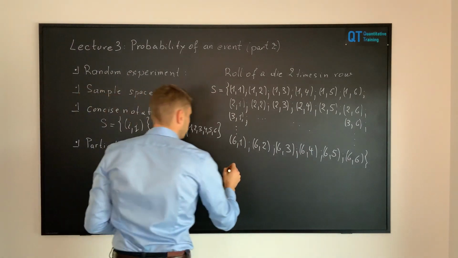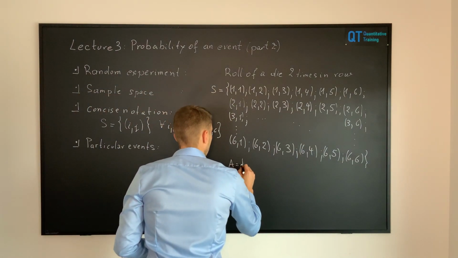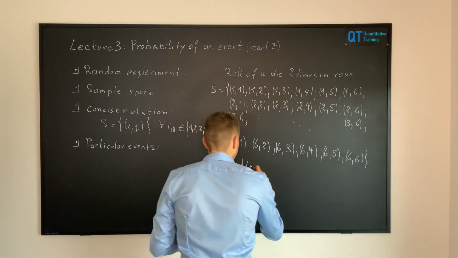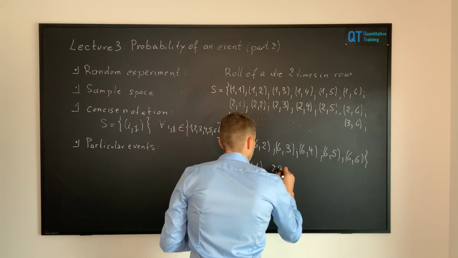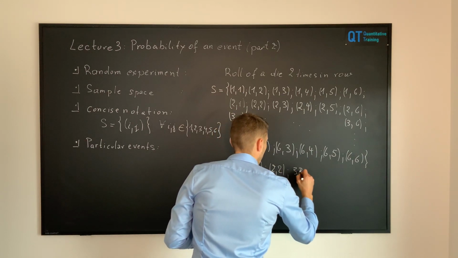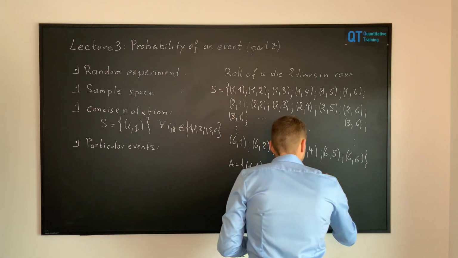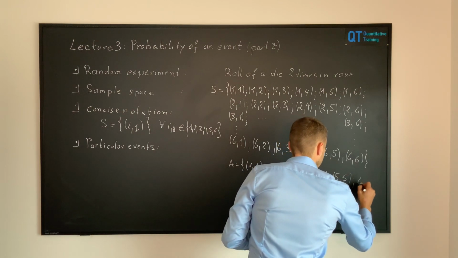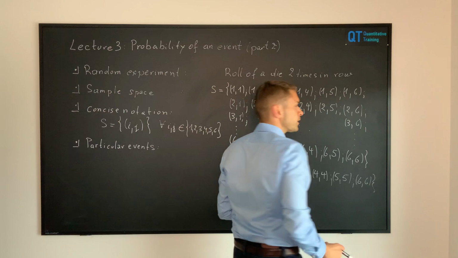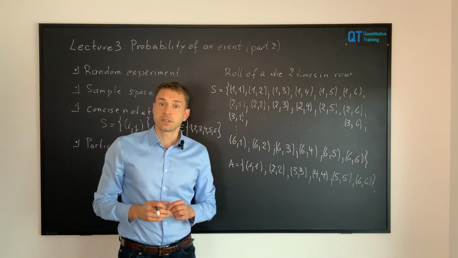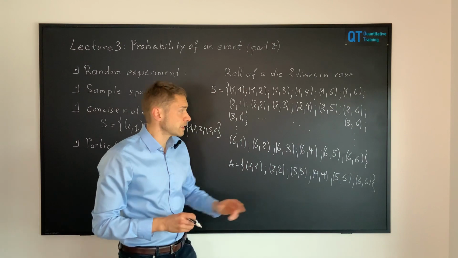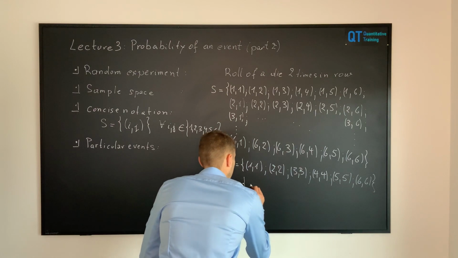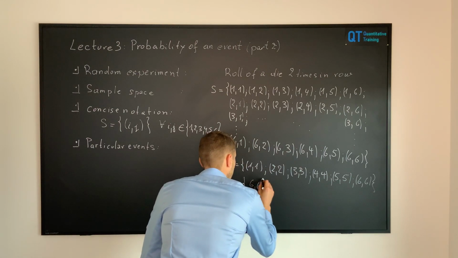Let's call it A. It is composed of 6 different elements: 1, 1, 2, 2, 3, 3, 4, 4, 5, 5, and the last one, 6, 6. Another particular event that we could be interested in is to obtain only 2 times 6. Let's call this event B, and it will have only one element, namely 6, 6.